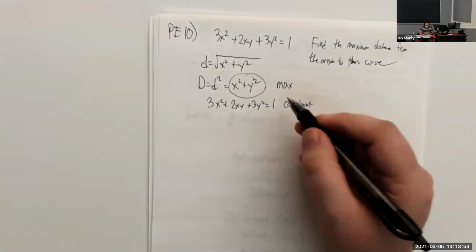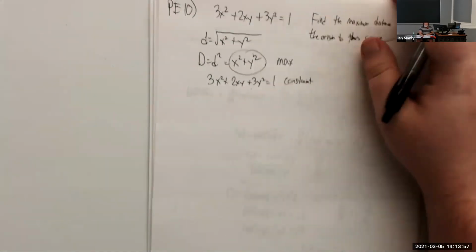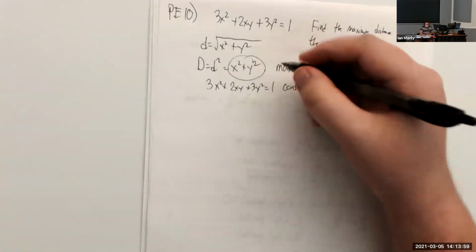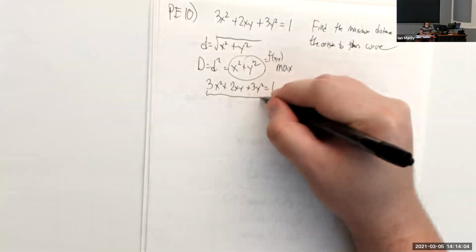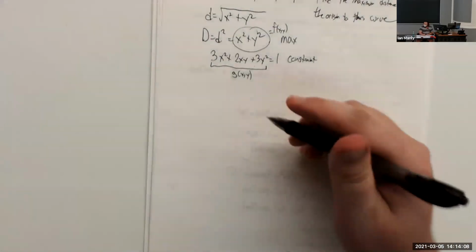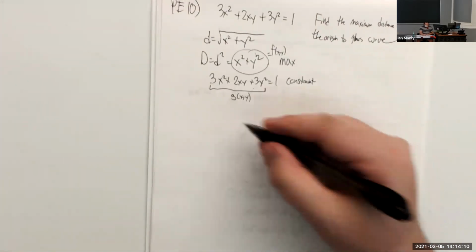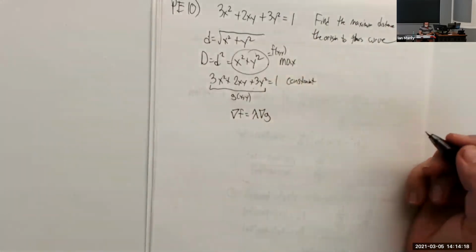All right. So let's see here. For this, I'm going to use Lagrange multipliers, because let's practice using that. So I'm going to call this guy my f of xy, and then the constraint will be g of xy here. All right, so Lagrange multipliers here dictate that the gradient of f is lambda times the gradient of g.